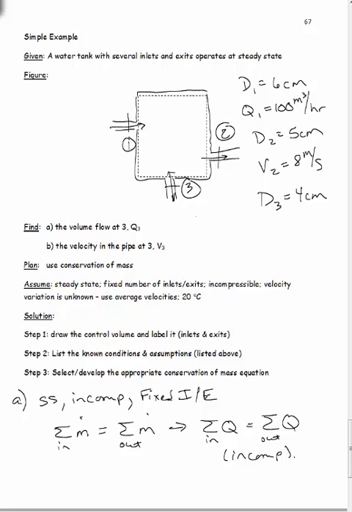One little issue we have here is 3. At 3, we don't know if that's an inlet or exit, so we don't know which side of the equation to put it on. So let's just assume one. If it comes out negative, that means we assumed wrong. I'm going to guess that Q3 is an outlet. If negative, I just guessed wrong, and we still have our answer, just change the sign, or call it an inlet then.